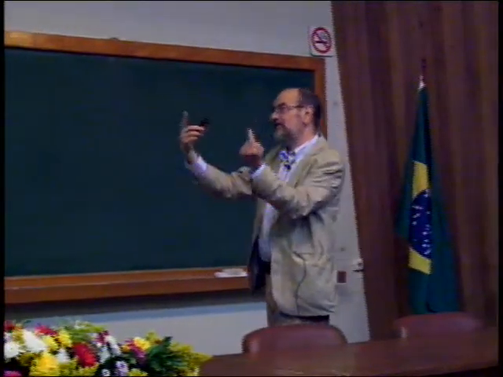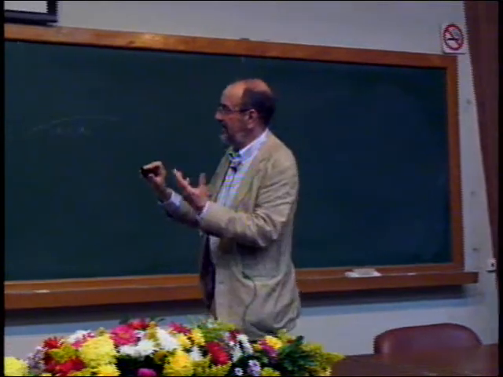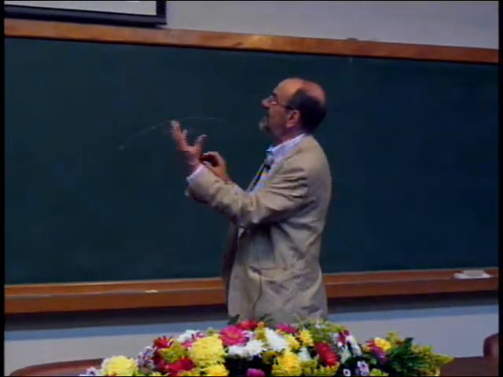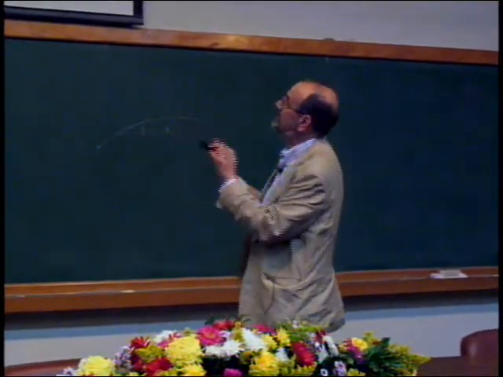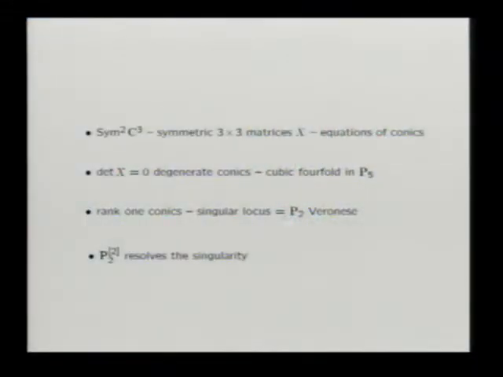Remember, they were dual to the 2 points. So effectively the Hilbert scheme is actually a resolution of this singularity. But the point is that we have to explain the resolution, but we have algebraic equations which describe this symmetric product as a cubic fourfold in P5.